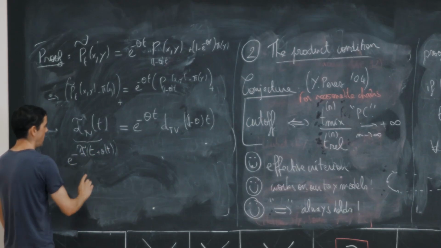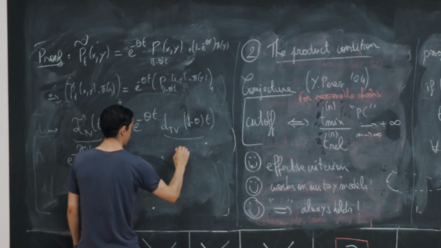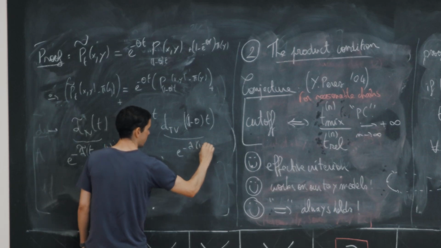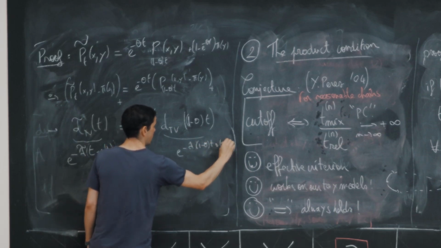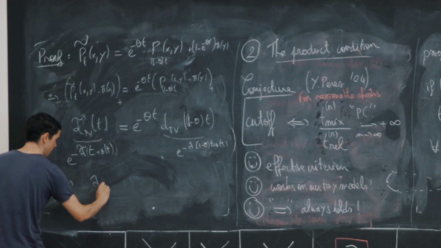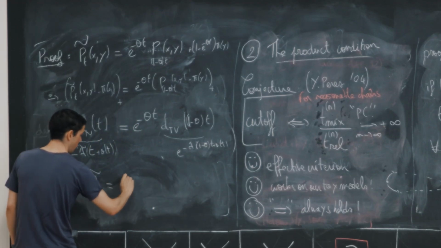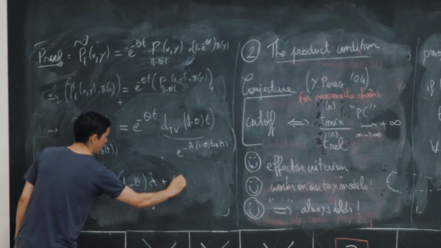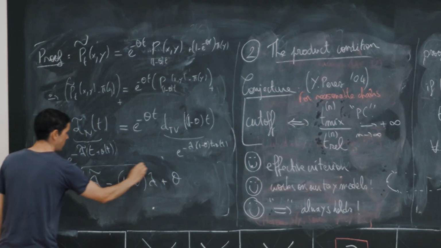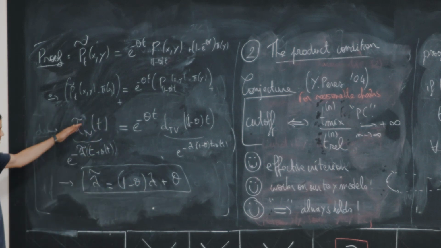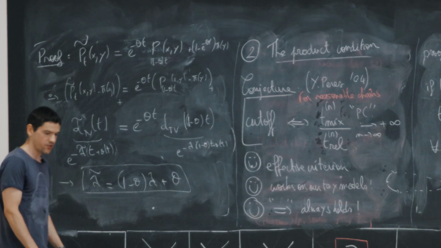And so same here, this is exponential of minus lambda (1 minus theta) t plus little o of t, and so you can identify and you get that lambda tilde is just (1 minus theta) lambda plus theta. So you get an explicit expression for total variation distance and also for spectral gap in both cases.